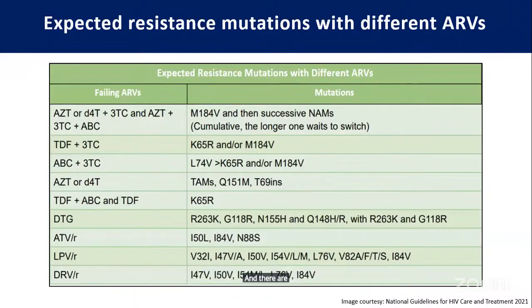And there are broad nucleoside-resistant mutants like Q151M complex and T69 insertional complex. If it is the T69 insertional complex, all the NRTIs and nucleotide analogs are resistant. For Q151M, all NRTIs become ineffective except tenofovir.